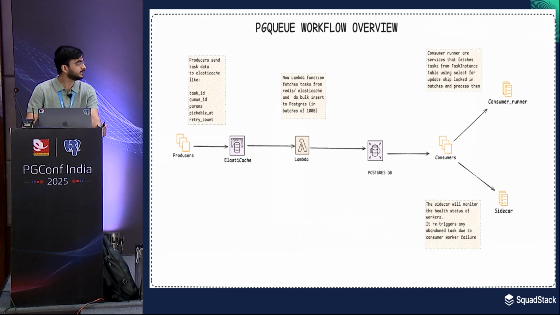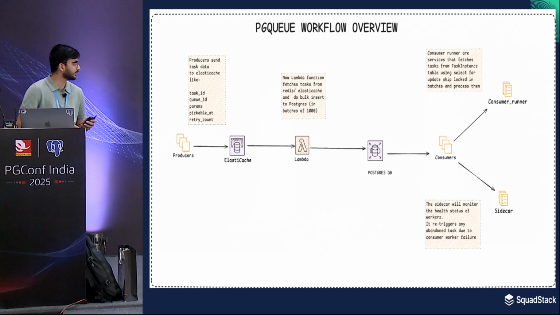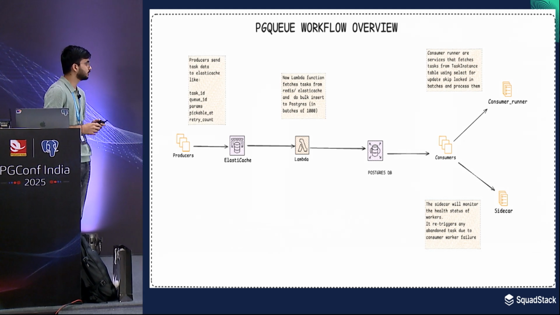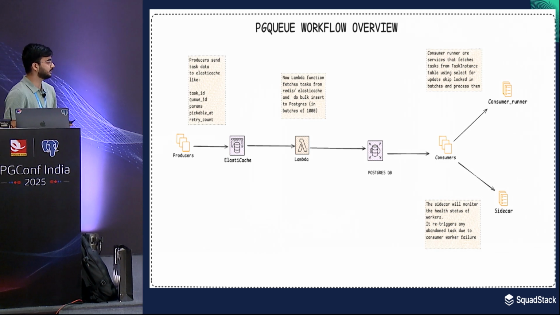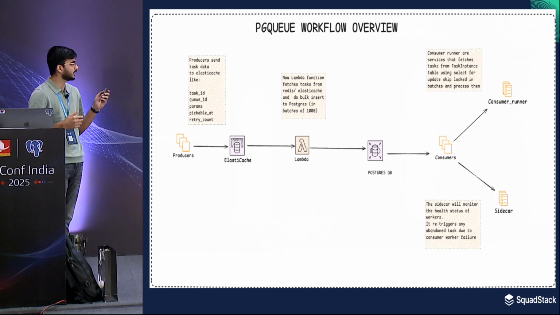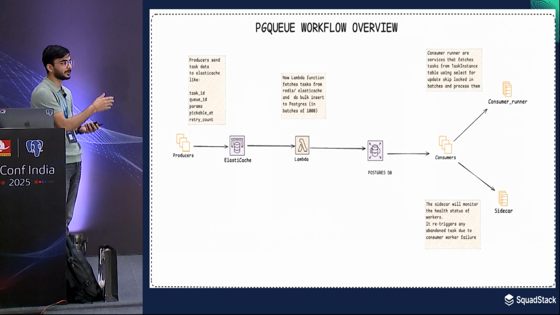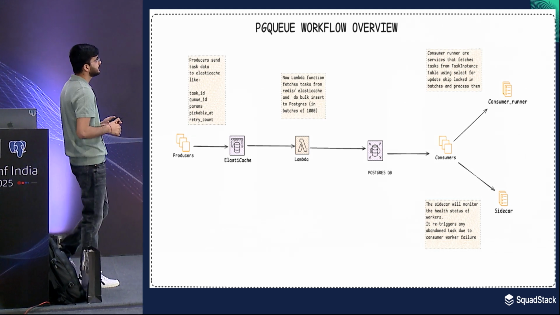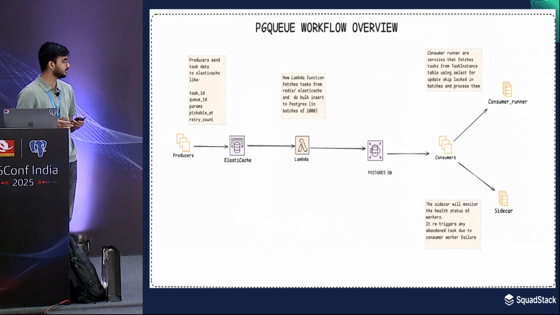So this is the basic overview of PGQ. On the left, you can see there are producers, and producers are basically backend servers. They will send the task-related data, like task ID and queue ID, which is necessary for the task execution, also pickable_at and retry count. They will send that data to ElastiCache, which is basically a Redis instance.